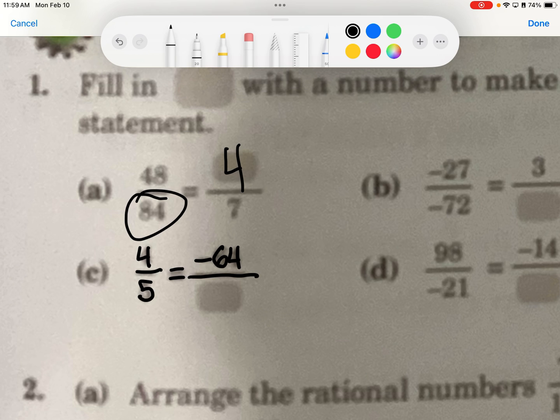So -64 over -80. That's a really good observation, because in order for this 4/5 to be positive, we have to have negative on the top as well as the bottom.